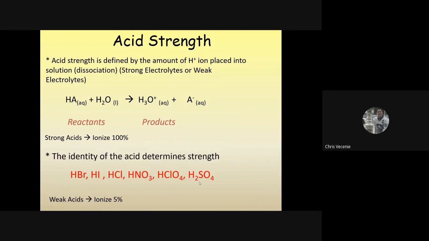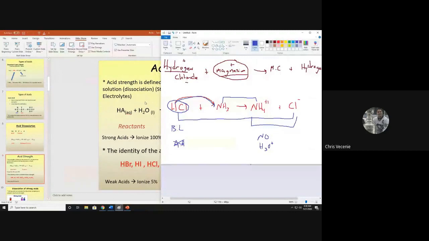And you're going to find out even a bit more because it has 2 H's, and we'll talk about it. If I am not on this list, if I'm not one of these 6, I am a weak acid. I break down 5%.